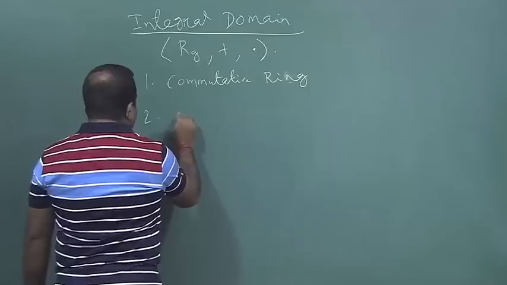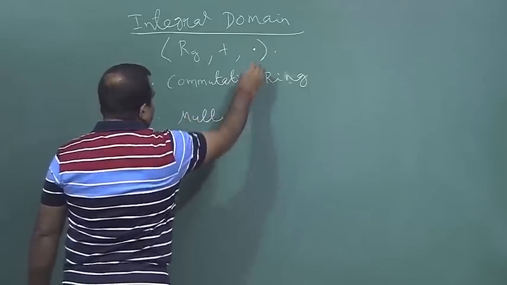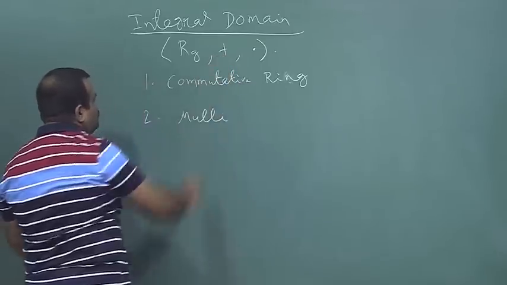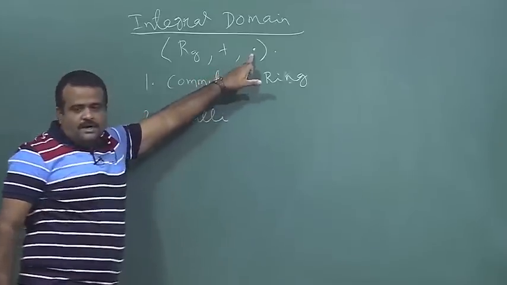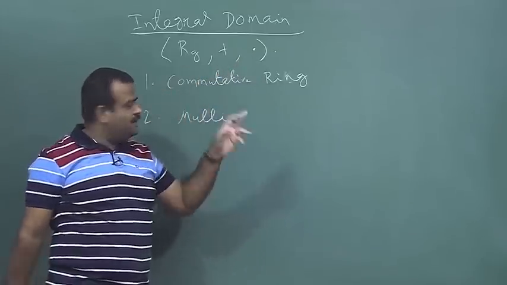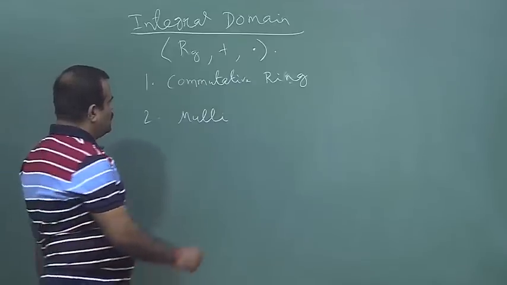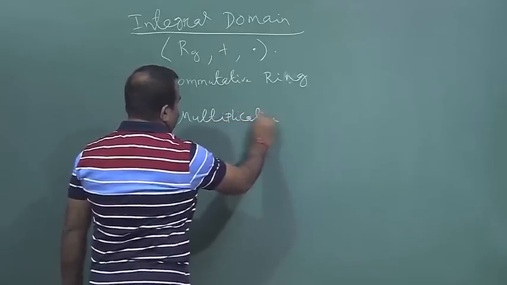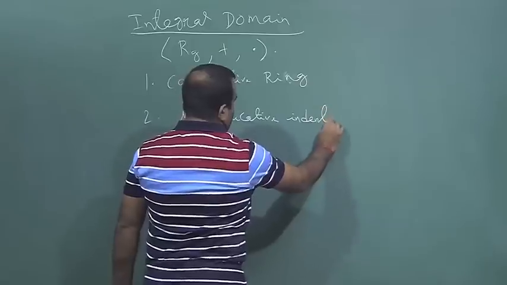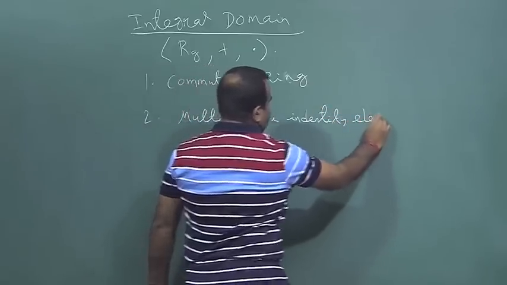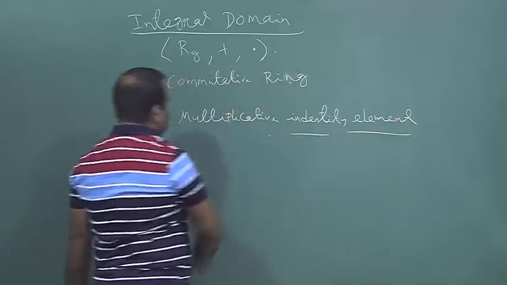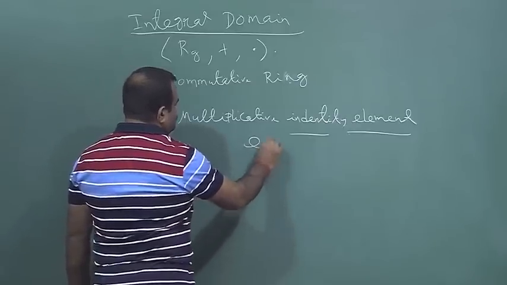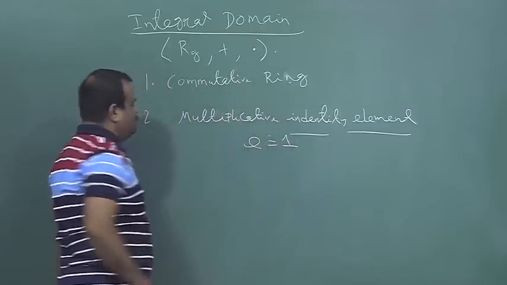Multiplicative identity means, we already know this is a group, so it has an inverse, it has an identity element under this operation, but whether it has an identity element under this dot. So, multiplicative identity means there exists an E. E is referred to as 1 basically, because this is in the multiplicative sense.